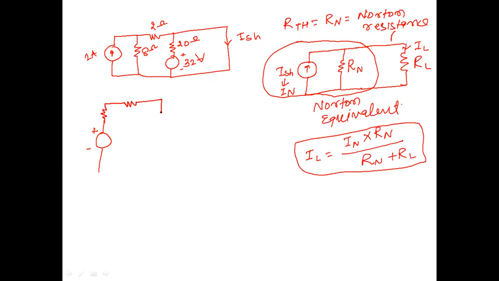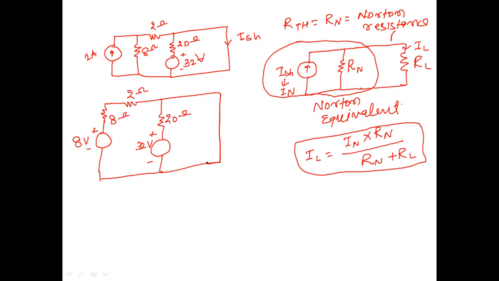This is 2 ohm, this is 20 ohm, and this is a voltage source of 32 volt. And this will be 8 volt, and this is 8 ohm, this is 2 ohm, this is 20 ohm, the circuit is like this, and here it is ISC, short circuited ISC.